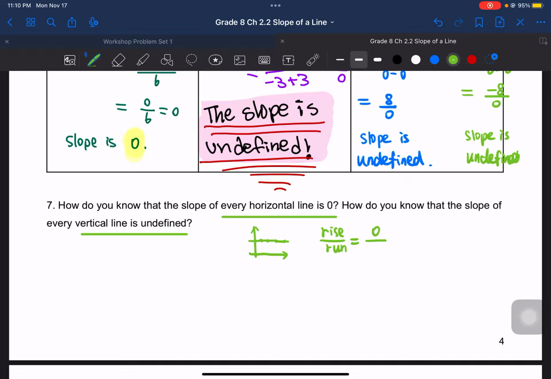And our run is just x2 minus x1, or you can also do x1 minus x2. So anyways, we'll have 0 on top, which means our answer is always 0. And this is our slope. So how do I know the slope of every horizontal line is 0? It's because my change in y is 0.